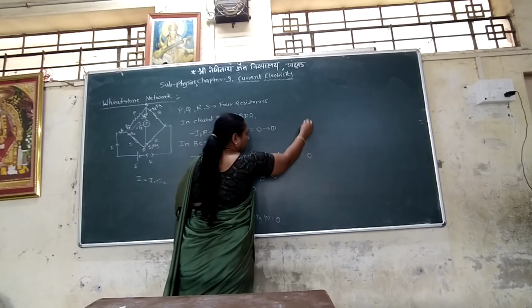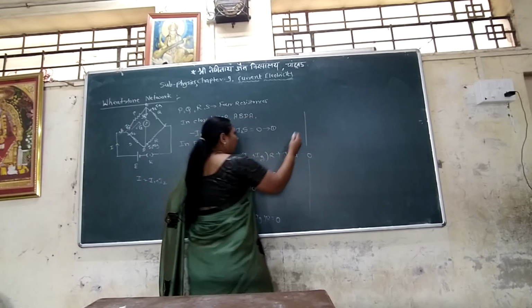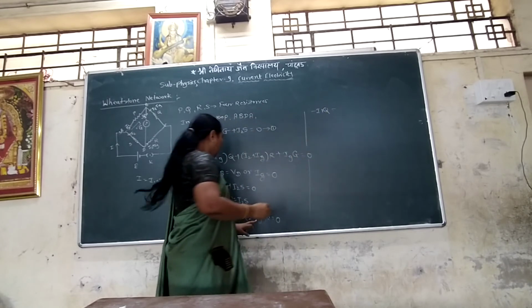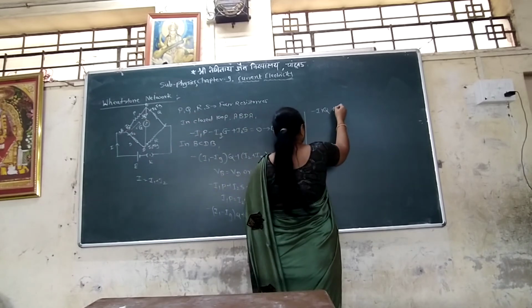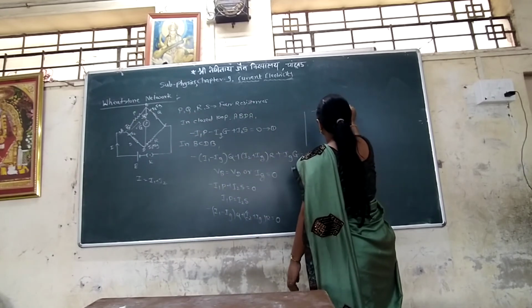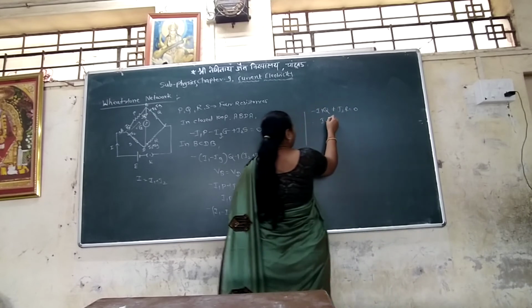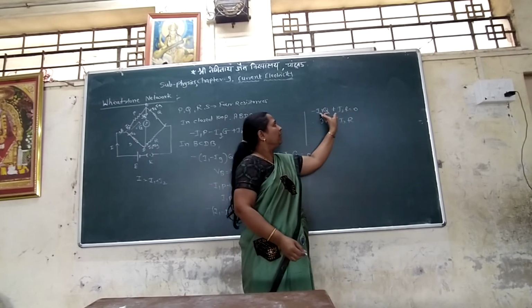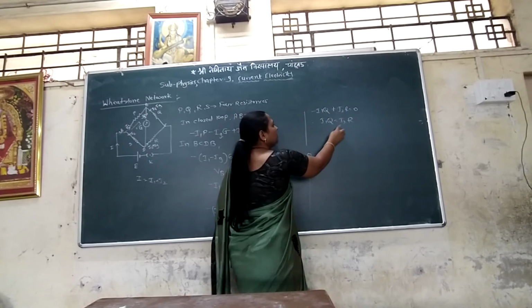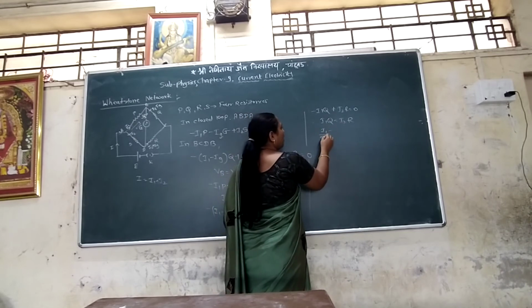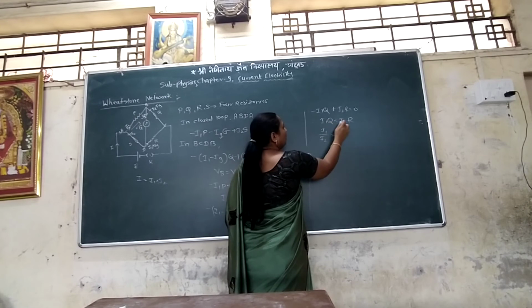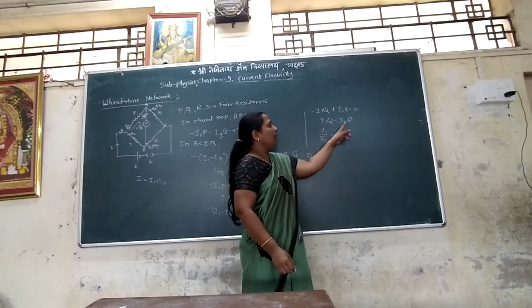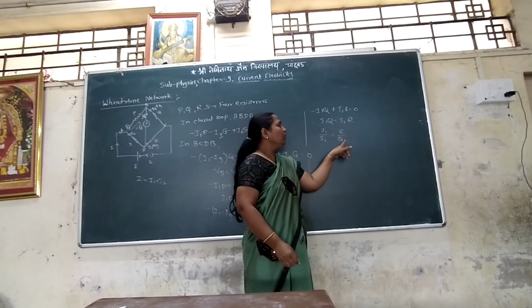Therefore, minus I1Q plus I2R is equal to 0. Transferring the term, I1Q is equal to I2R. Therefore, I1 upon I2 is equal to R upon Q.